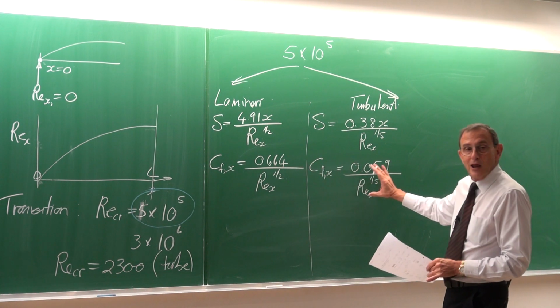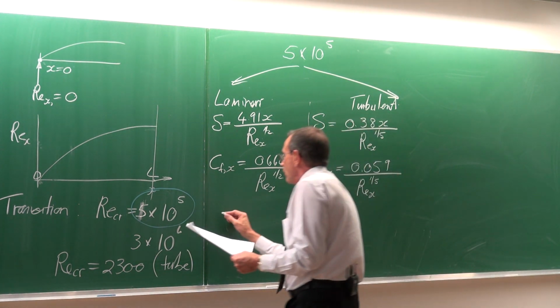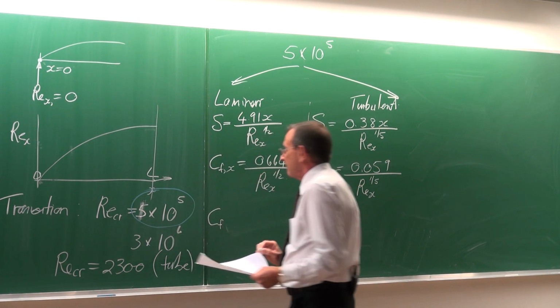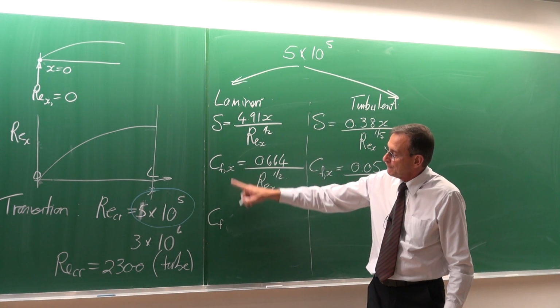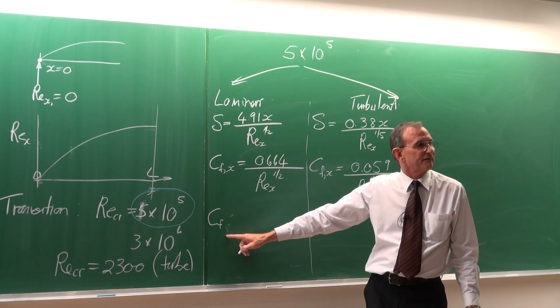Take note, this is the local value. For laminar flow, we can also get the average value. How can we see it's average? The fact that it doesn't have an x.